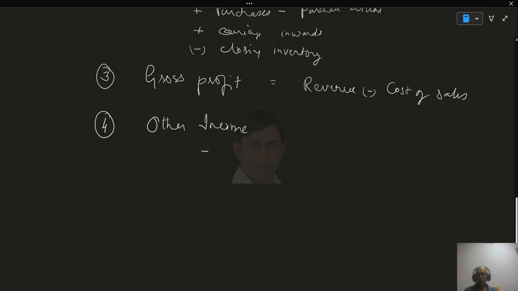Which is ancillary. So maybe you have received some interest receivable. You might have received some discount received. So similar to this.